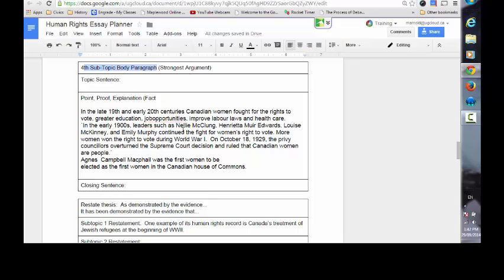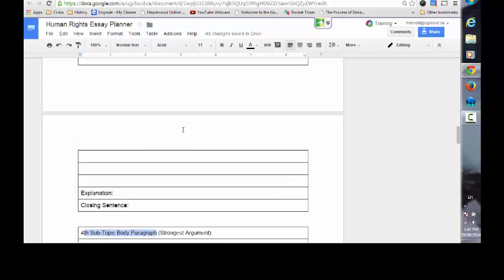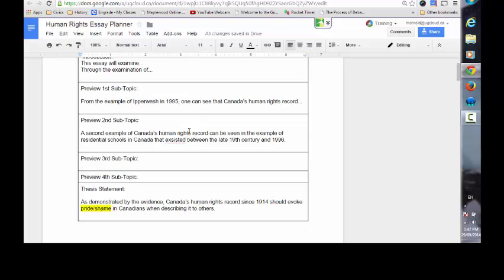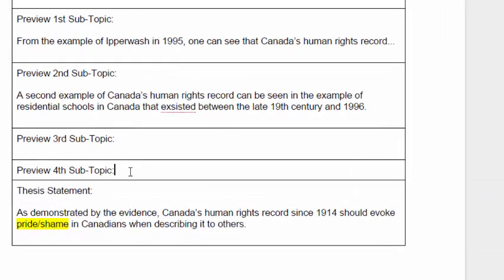Okay, so now we know that point number 4, or a fourth subtopic, is women's rights. So what we're going to do is go back up to the very top of the document to your introductory paragraph here, and we know that our fourth topic is women's rights. So what we have to say and how we preview this is to say something along these lines here.